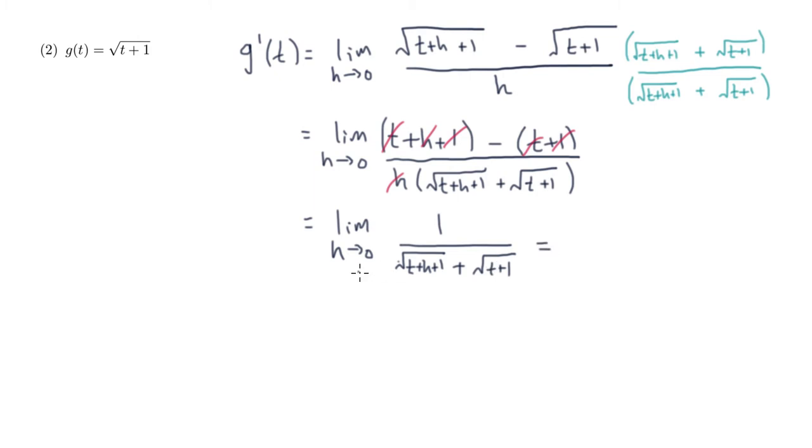And what happens as h goes to 0? Well, this goes to square root of t plus 1, so we have 2 square root of t plus 1's in the denominator. So the derivative function just becomes 1 over 2 times square root of t plus 1. That's the derivative function.